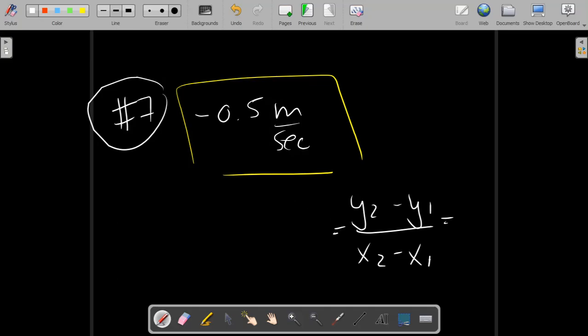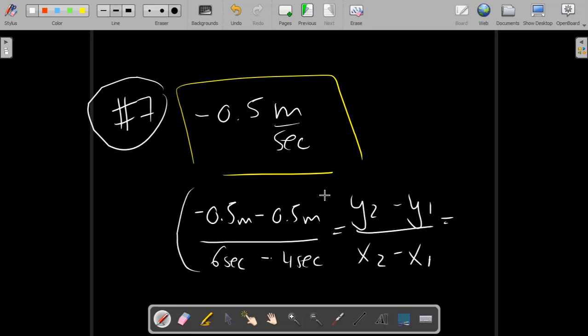I'm going to put it on this side. The 2 points that the book uses are minus 0.5 meters and minus 0.5 meters, and then they divide these by 6 seconds and minus 4 seconds. Those are the 2 points that the book uses.